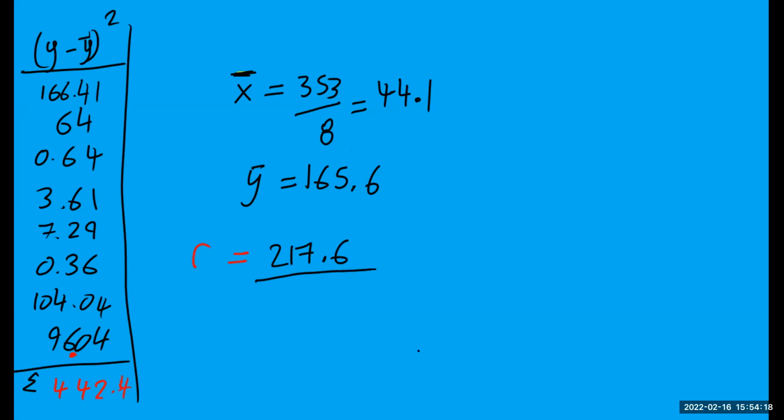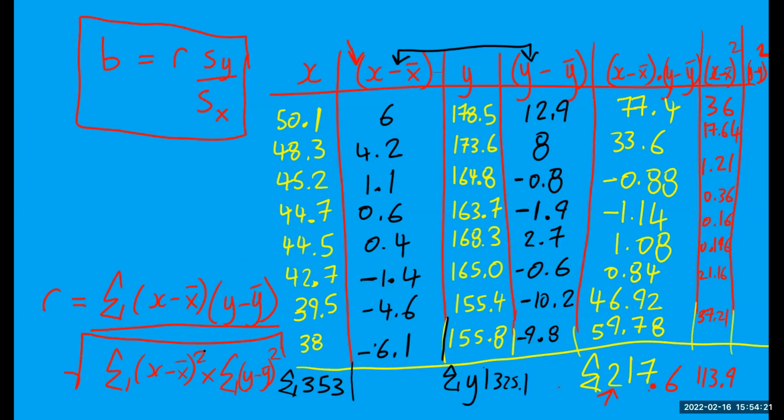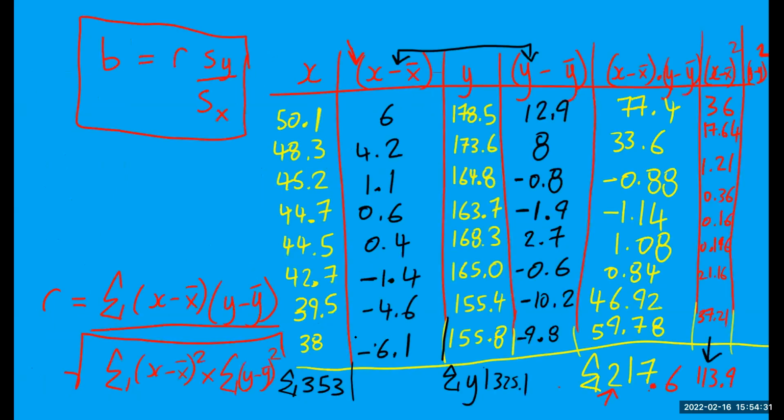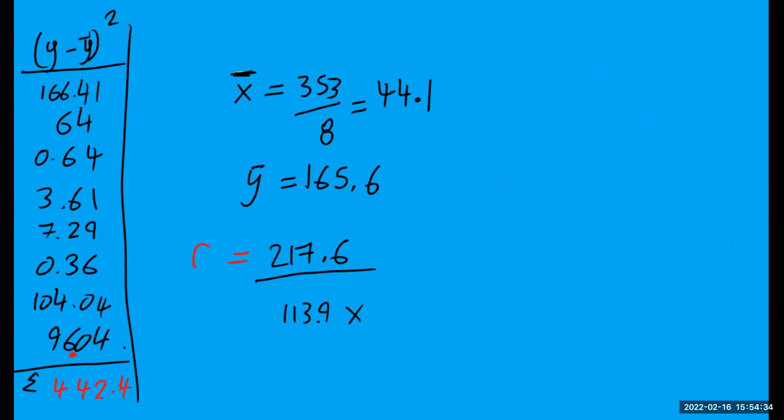Divided by, now we need the sum of x minus bar x all squared, that was 113.9. So 113.9 multiplied by the sum of y minus bar y all squared. That sum was 442.4, and then we square root it.